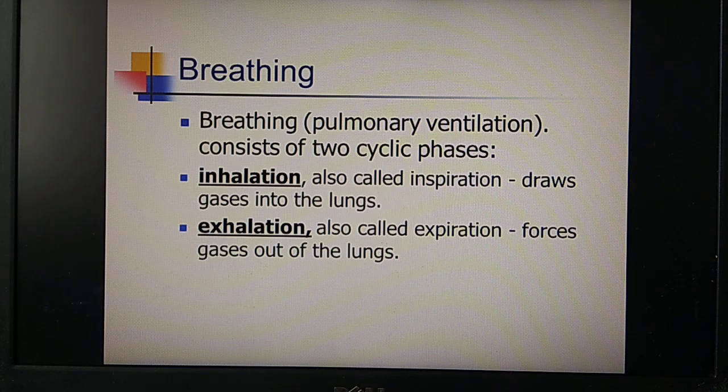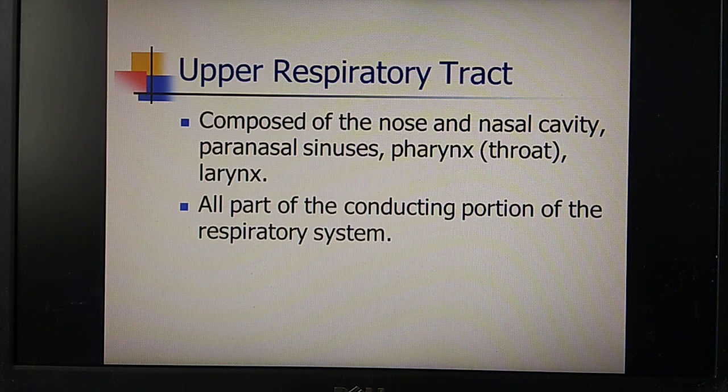Inspiration draws the gases into the lungs, that is the intake of oxygen, and exhalation, also called expiration, forces the gases out of the lungs, that is carbon dioxide.